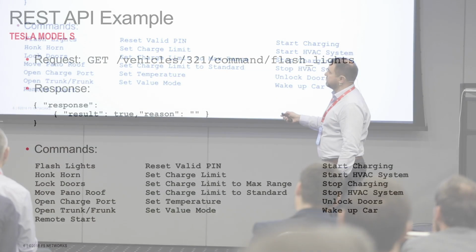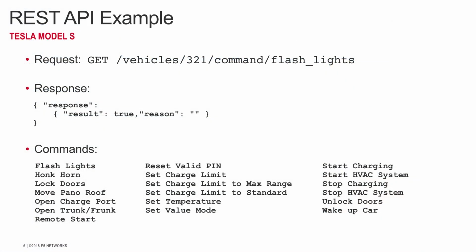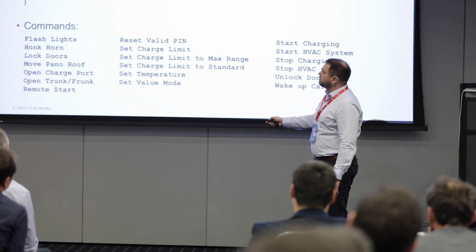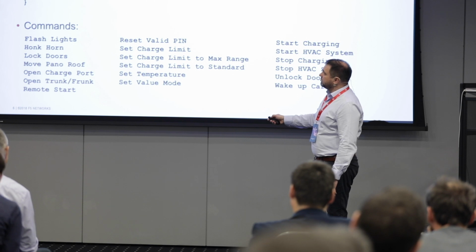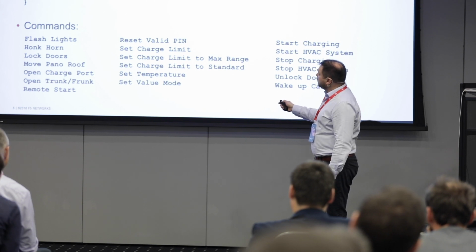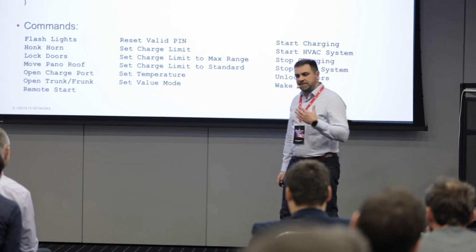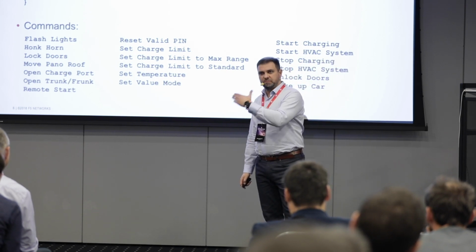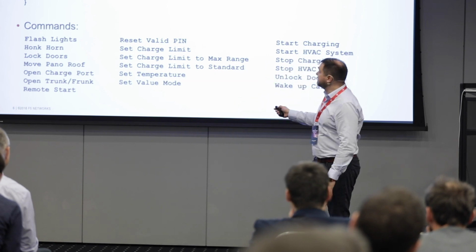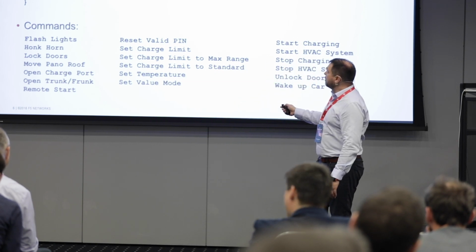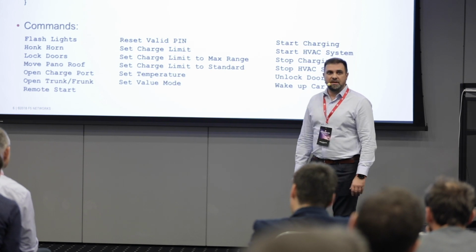So this time, if I send this GET request to the same resource, vehicles, but this time /321, which is the ID of my Tesla car, then in the response I will receive something like that. Also I can flash the lights on my Tesla car by sending a REST API call, because this is my Tesla with ID 301.